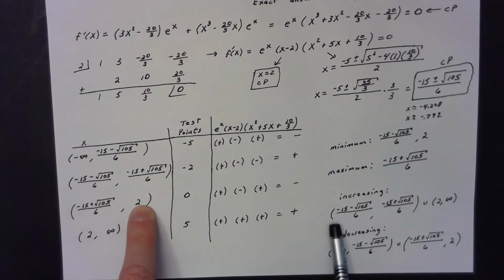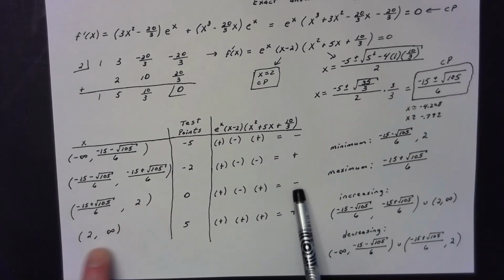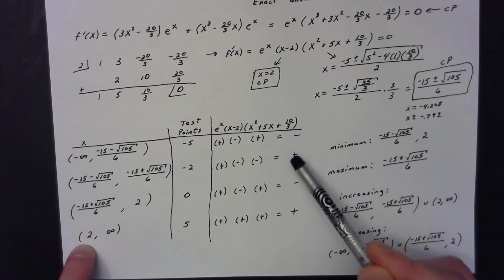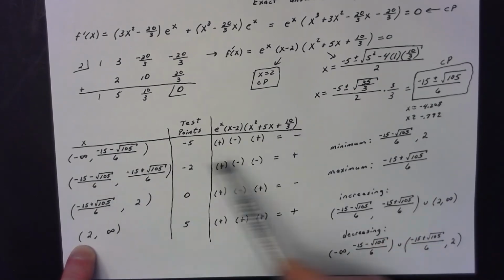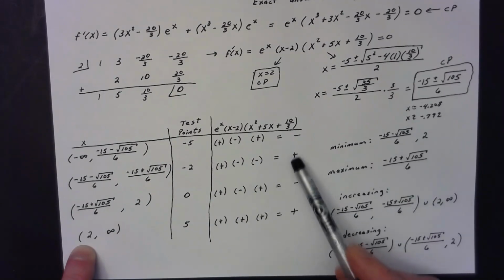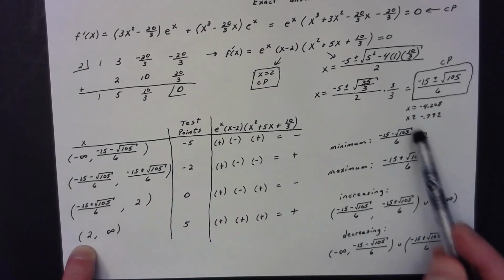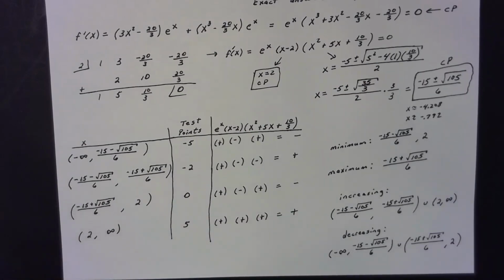It's going to flatten off at 2, and then it's going to increase everywhere after 2. So that means, again, 2 is going to be the location of a minimum. Anytime you go from a negative derivative to a positive derivative, you have a minimum. Anytime you go from a positive derivative to a negative derivative, you have a maximum. And so we would have to locate those for our maximum minimums.